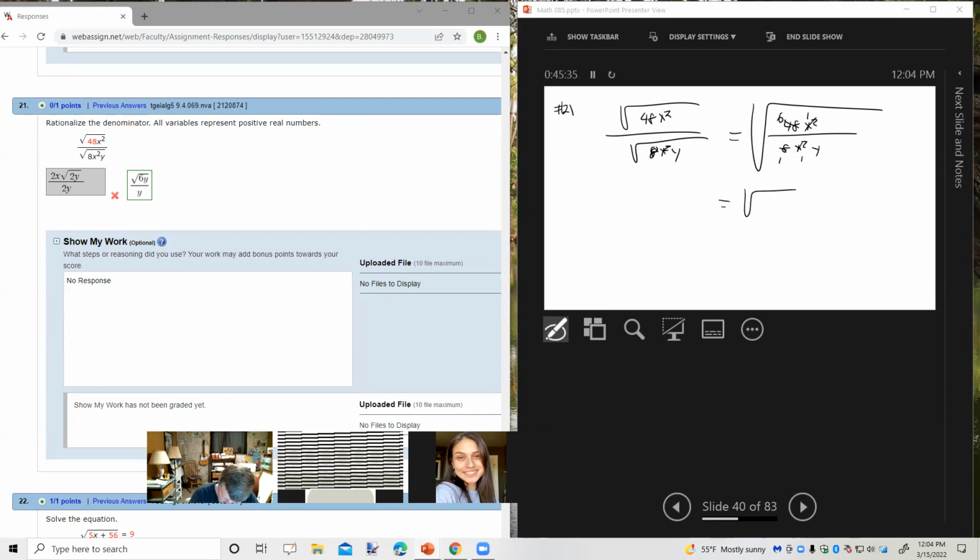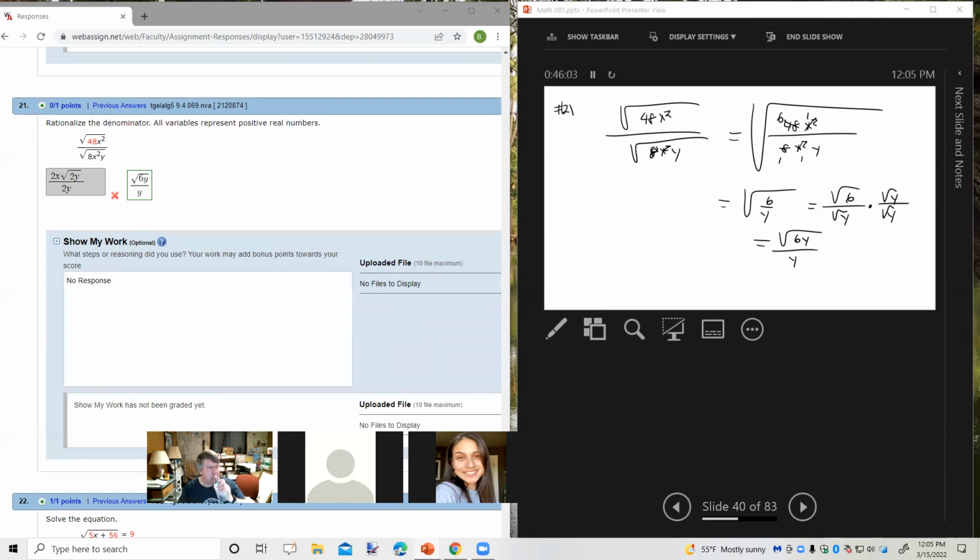So I've got the square root of 6 over y, which is equal to the square root of 6 over the square root of y. To rationalize the denominator, we'll multiply by the square root of y over the square root of y, which gives us the square root of 6y over y.